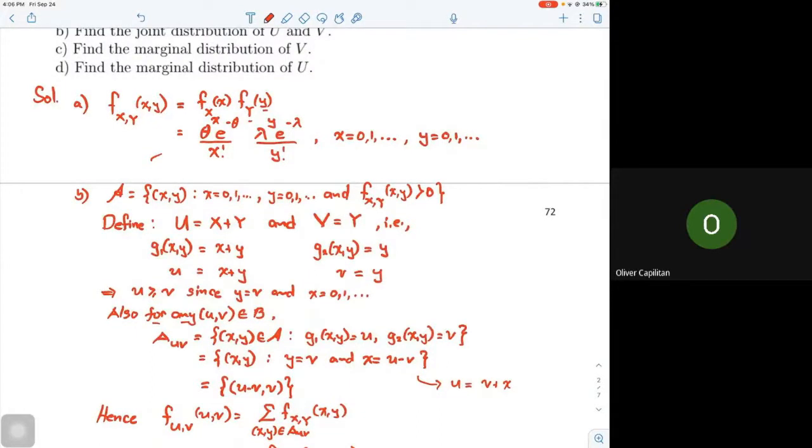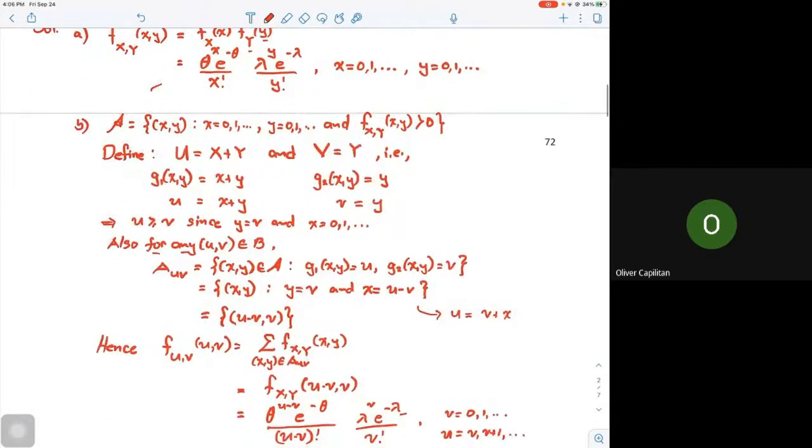Okay, so in our example here, we're going to define our script A based on our discussion. And after that, you're going to define your set A sub UV, because that would be the basis of the ordered pair XY in our summation.